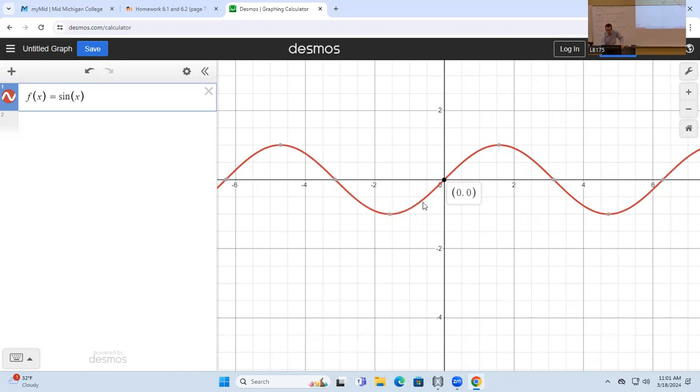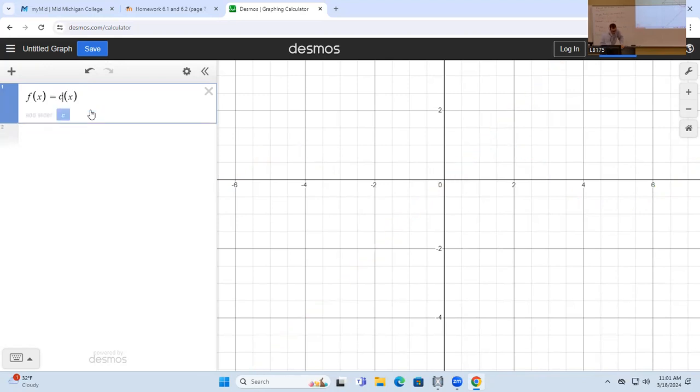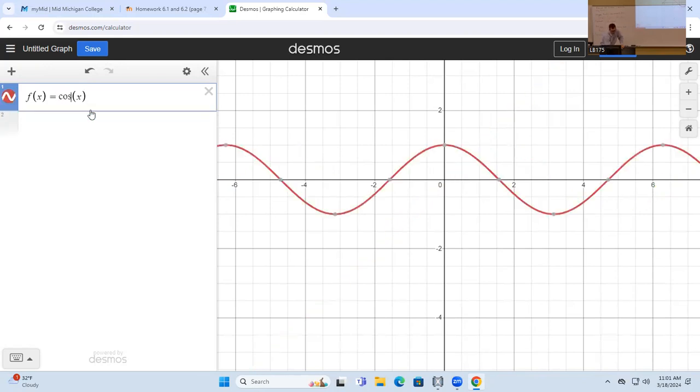Okay. Cosine is just the reverse. Cosine, you can see it pretty easily.